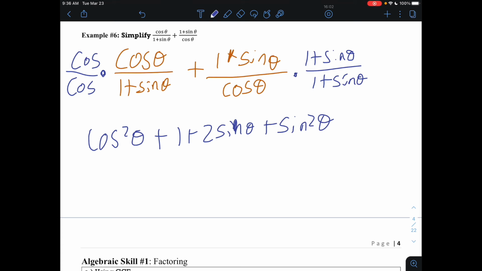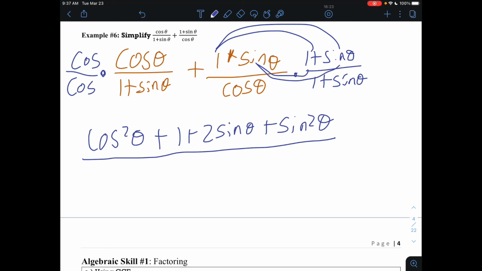You want to make sure that with this one, when you are distributing, when you do the 1 and the 1, the 1 and the sine, and the 1 and the sine, and the sine and the sine, you have a 1 times sine and a 1 plus sine. So that's going to give you 2 sines. All right. And then all over cosine times 1 plus sine.